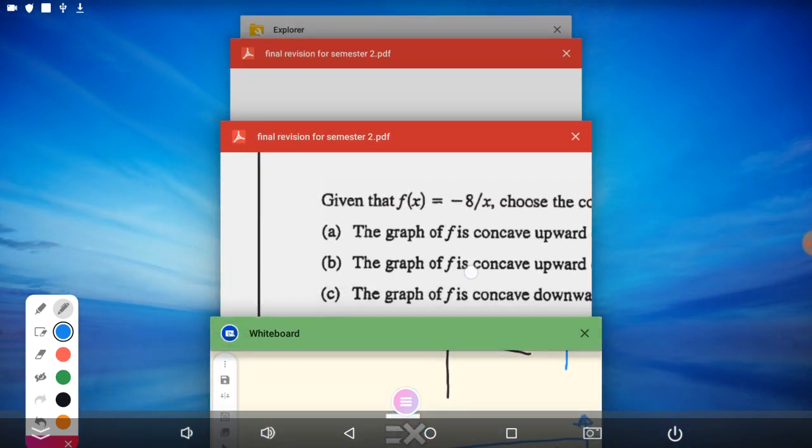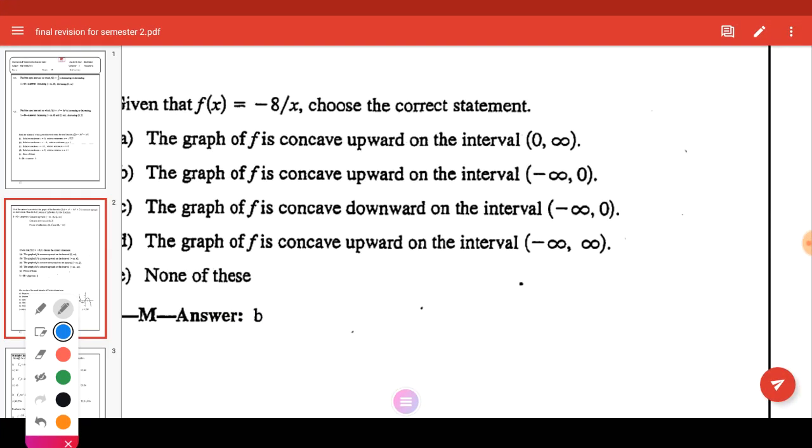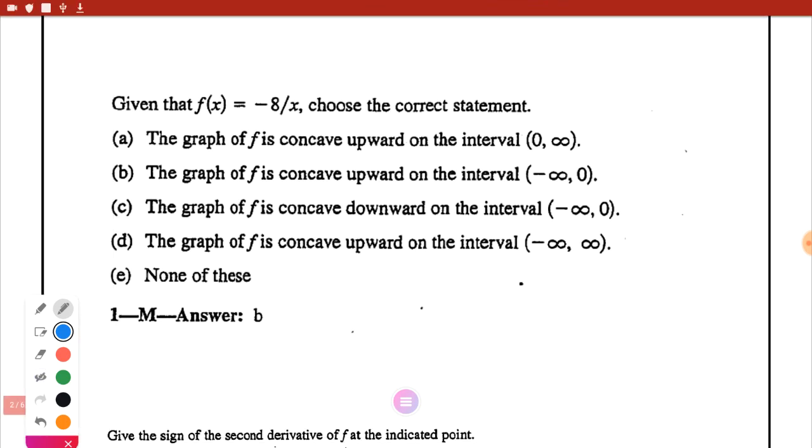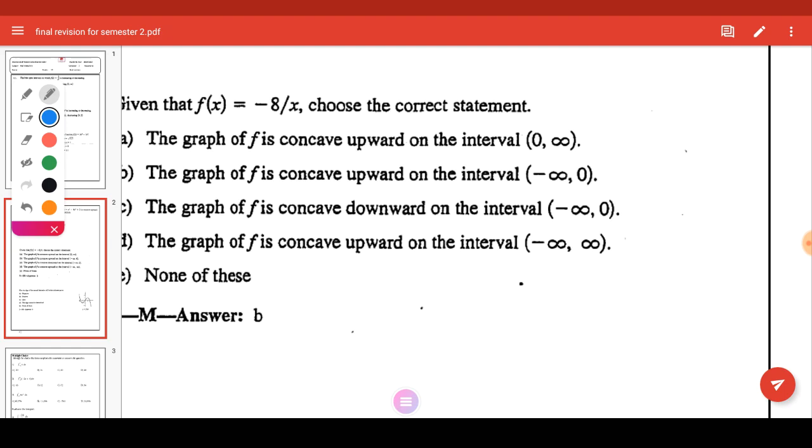Now, I'd like to solve the problem. I hope you watch the video many times to understand what I explained. Given that f(x) equal negative 8 over x. Do you know the sketch of this function? I think it's trivial to remember, as I showed you before.